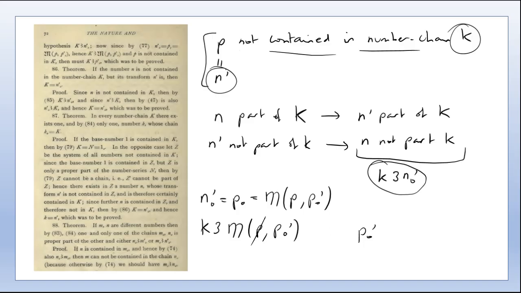And we used the inductive hypothesis. The inductive hypothesis came in here.